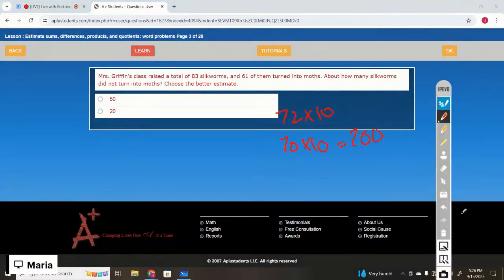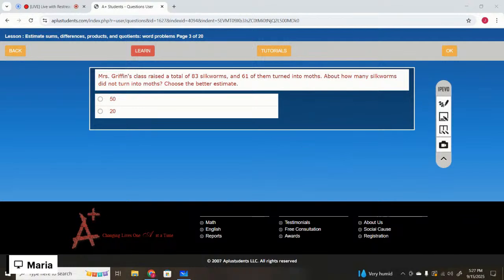So that is 83 minus 61. 83 is rounded to 80 and 61 is rounded to 60. 80 minus 60 is 20. Option number 2 is the correct option.